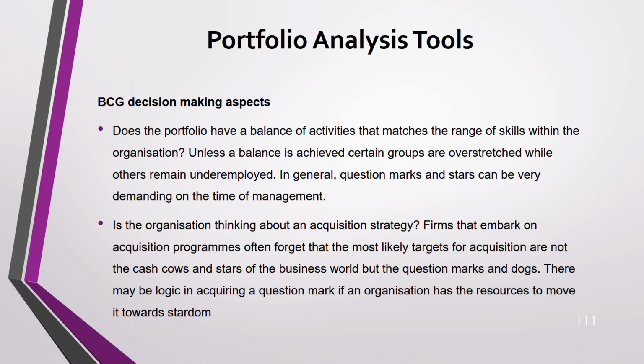Is the organization thinking about an acquisition strategy? When one goes for an acquisition, remember the most likely targets are not the cash cows and the stars. It looks like stars and cash cows would be acquired, but no, it is the question marks and the dogs that one wants to acquire.